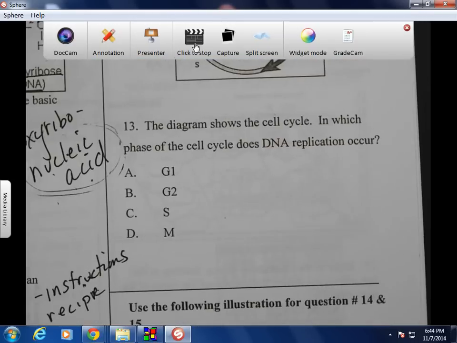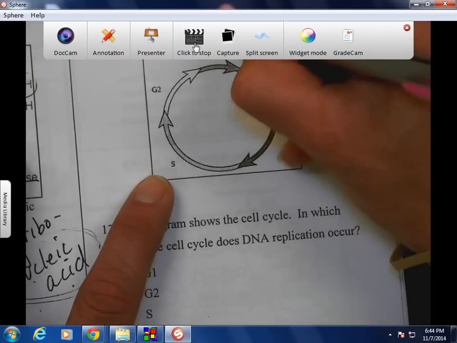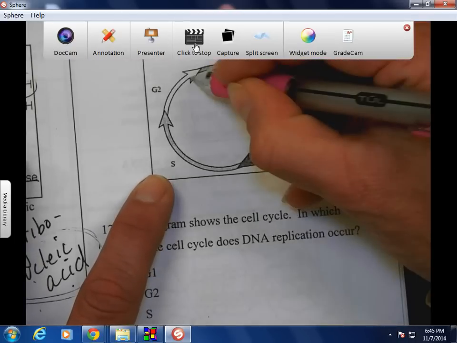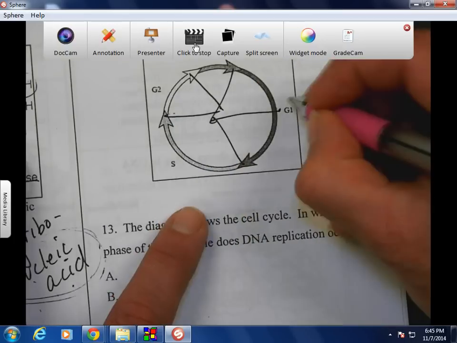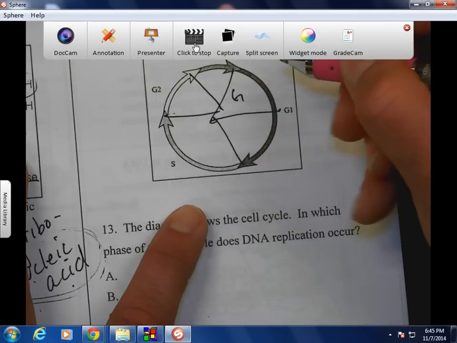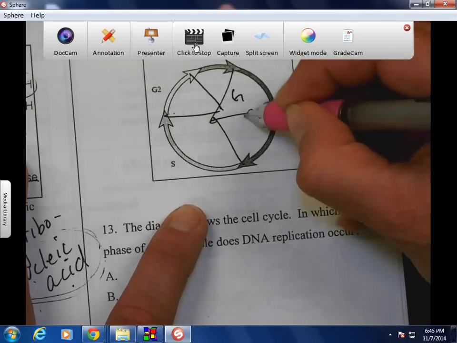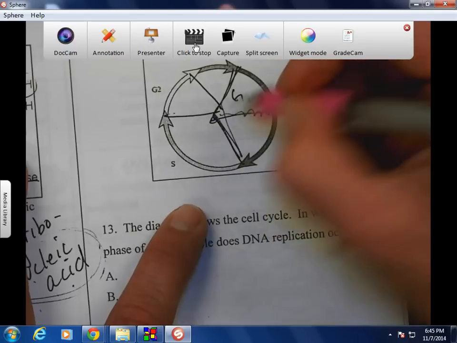Number 13. I know this cycle is the cell cycle. I know there's a checkpoint for G1, which is all this area.